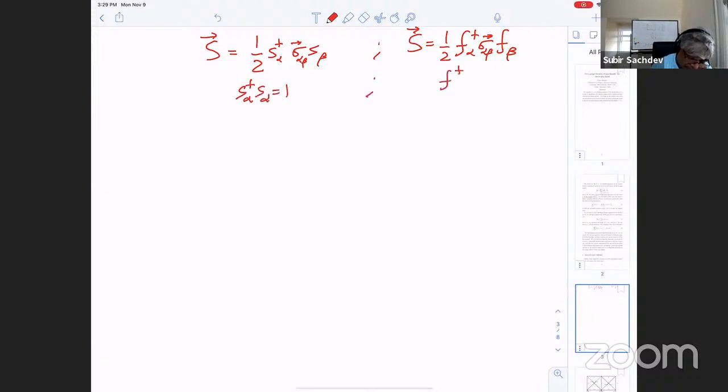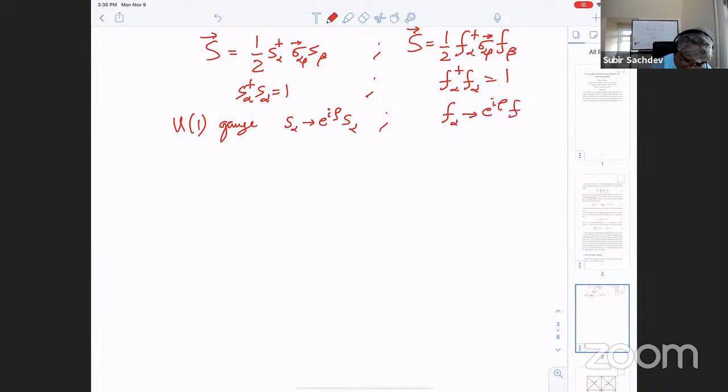And similarly, the constraint on the fermion number, f dagger alpha f alpha equals 1. And this gives us a U1 gauge invariance, under which these spinon operators, s alpha goes to e to the i rho times s alpha, and f alpha goes to e to the i rho times f alpha.